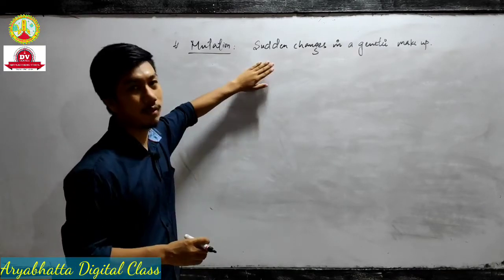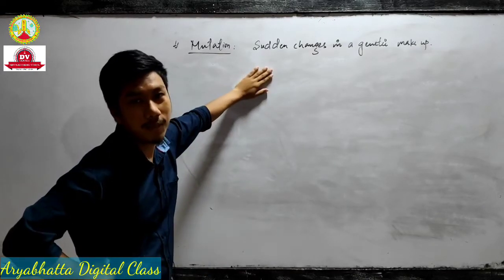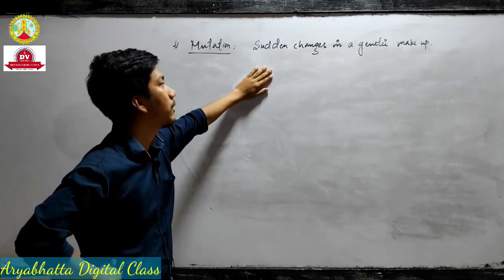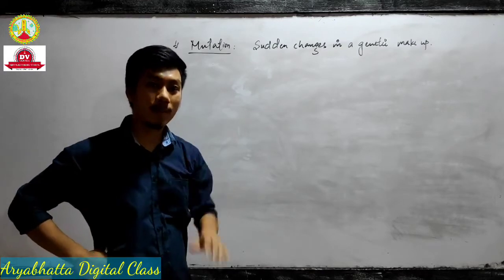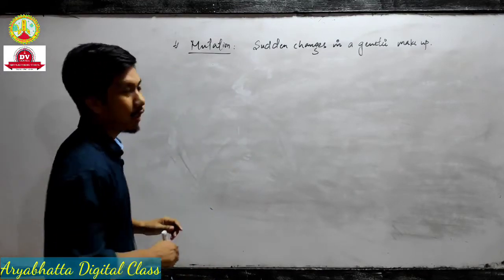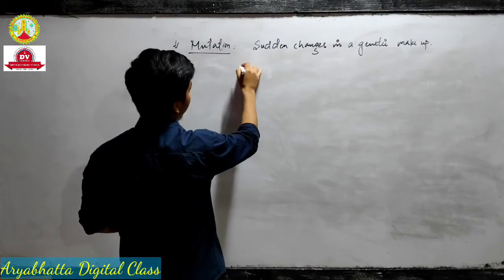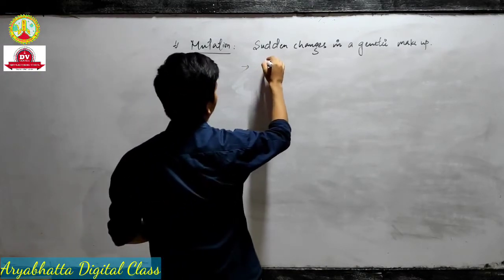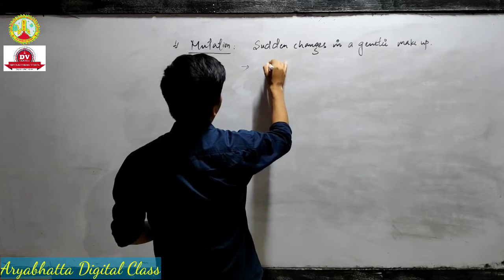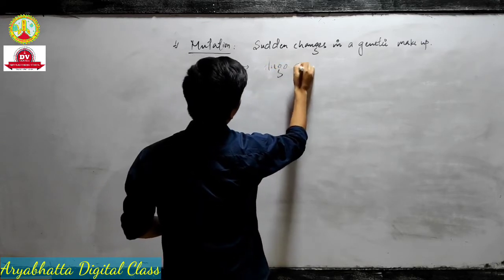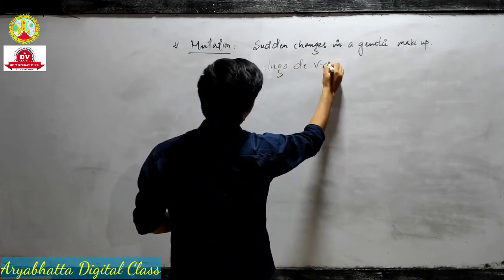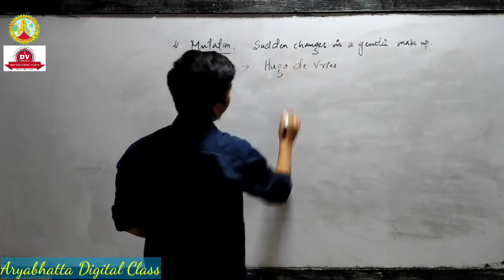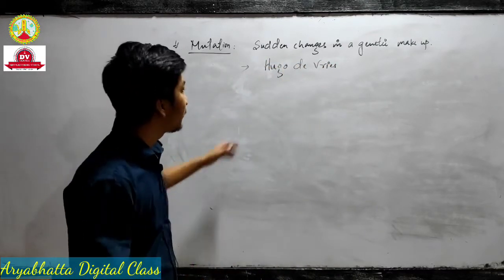So sudden changes in genetic makeup, that is mutation. Before the agents, the scientist who first explained mutation, can anyone tell me? Mutation was first explained by a scientist known as Hugo de Vries. Are you familiar with this name? If yes, say yes.